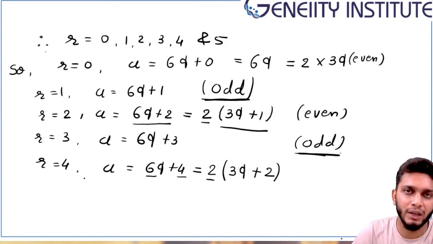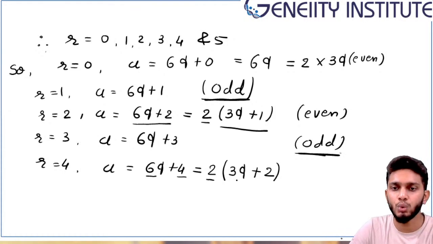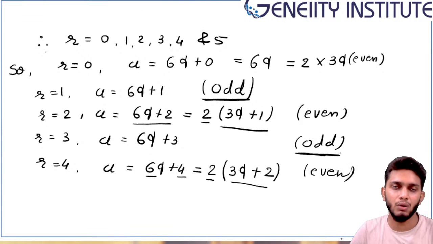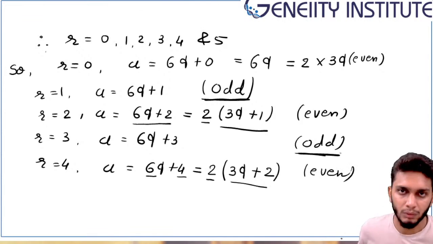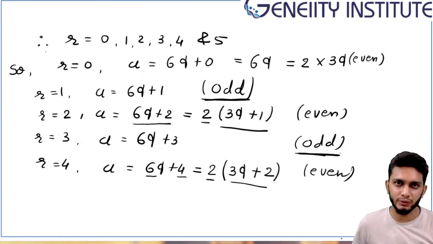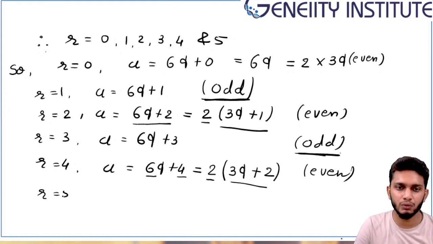So whenever you take r is equal to 4, a can be written as 2 multiplied by 3q plus 2, so it's an even number, why, because it is a product of 2, and if any number is a product of 2 then it is divisible by 2.